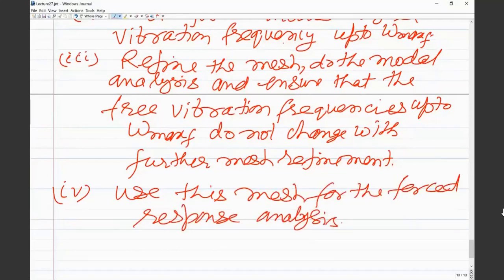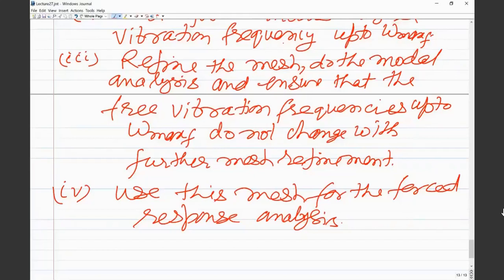Because if you want to directly do the convergence study of mesh with respect to the force response analysis itself, that is very time consuming. So you do the eigenvalue analysis, find out a certain number of modes, and look for the modes up to the frequency which is equal to omega max F, in the forcing frequency FFT, whatever is the frequency corresponding to a significant amplitude.